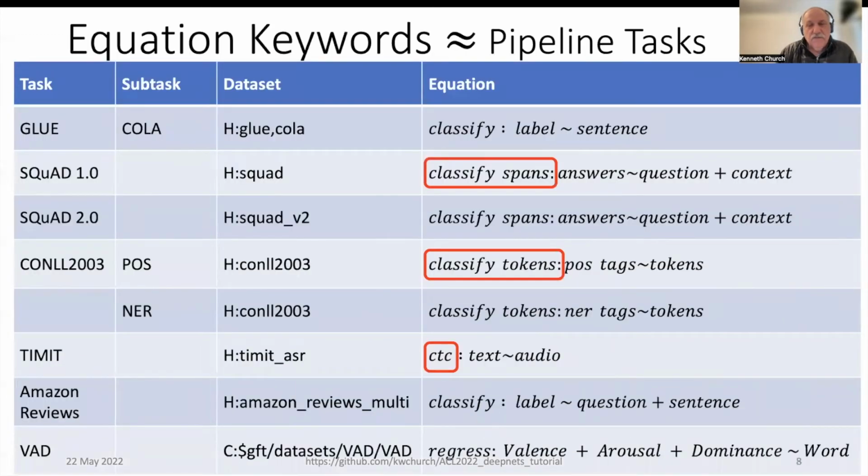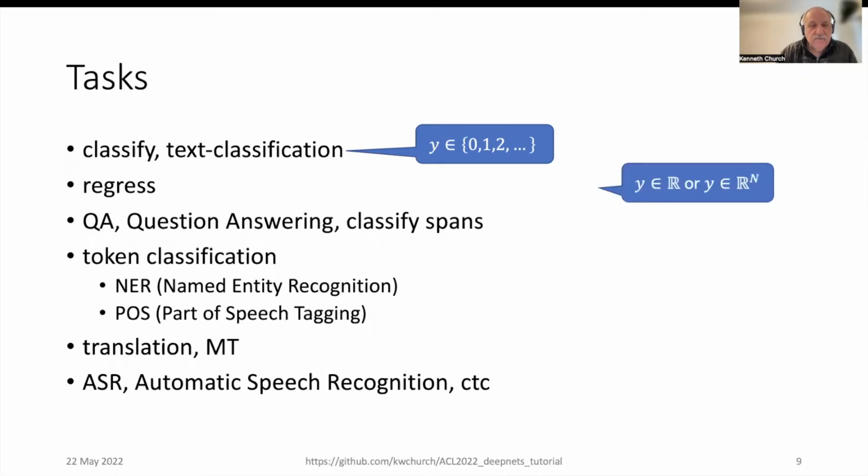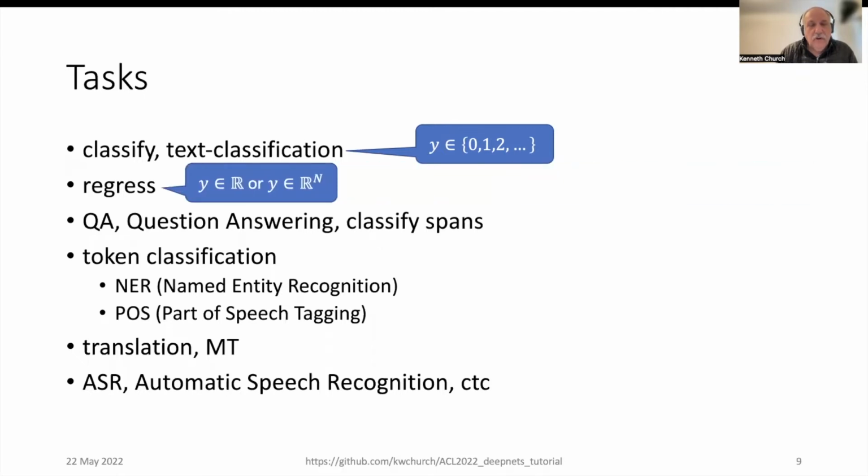And then here's some more tasks that go beyond GLUE. Here's some examples of tasks. In classification, the Y, the gold standard labels, are in a small set of classes. We can think of them as integers or strings. Those are categorical variables. For regression, the output is either a point or a vector.